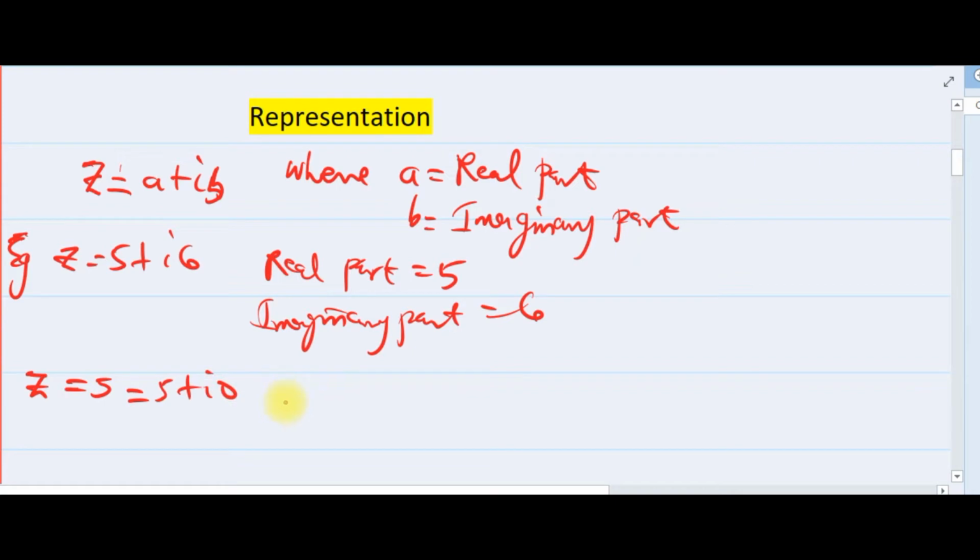So a real number is a number whose imaginary part is 0. As you can see, 5 is a real number, and 5 could be written as 5 plus i0, so it's also a complex number.